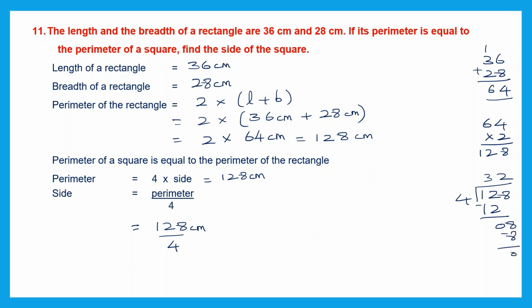So we've got 32. That means the side of the square is 32 centimeters. Okay, so we have found two answers. We have found the perimeter first, and from that we have been asked to find the side of the square. So we have found the side of the square to be 32 centimeters.